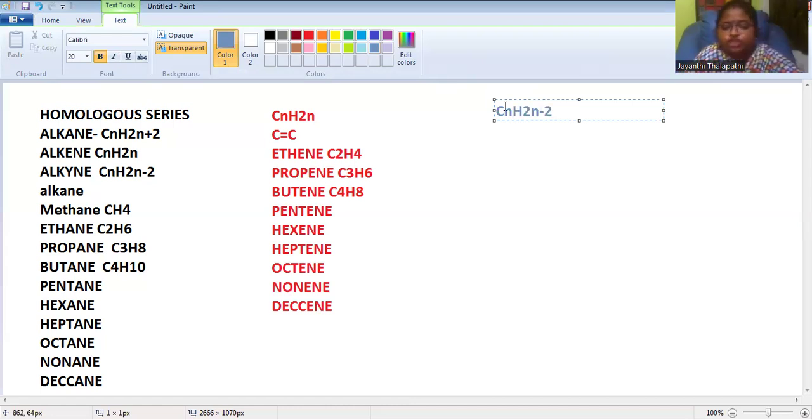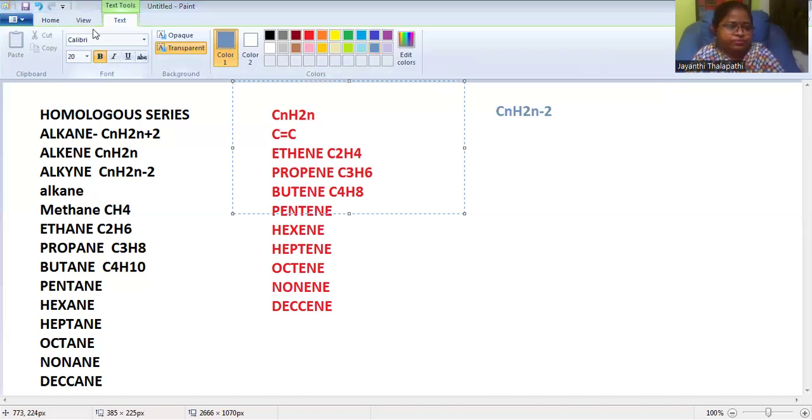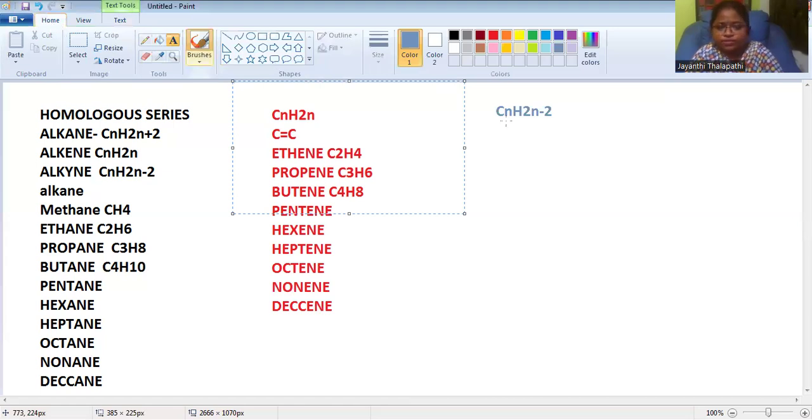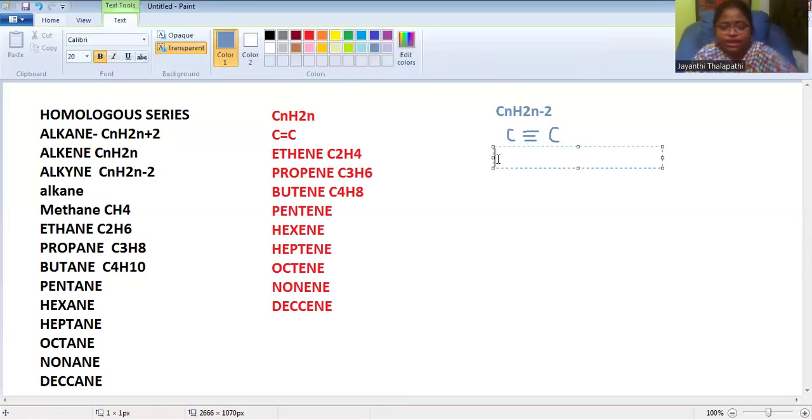So it is very clear, you get a carbon triple bond carbon atom, C triple bond C. That means you need a minimum of 2 carbons. So there is no compound called methyne; the compounds start from ethyne.